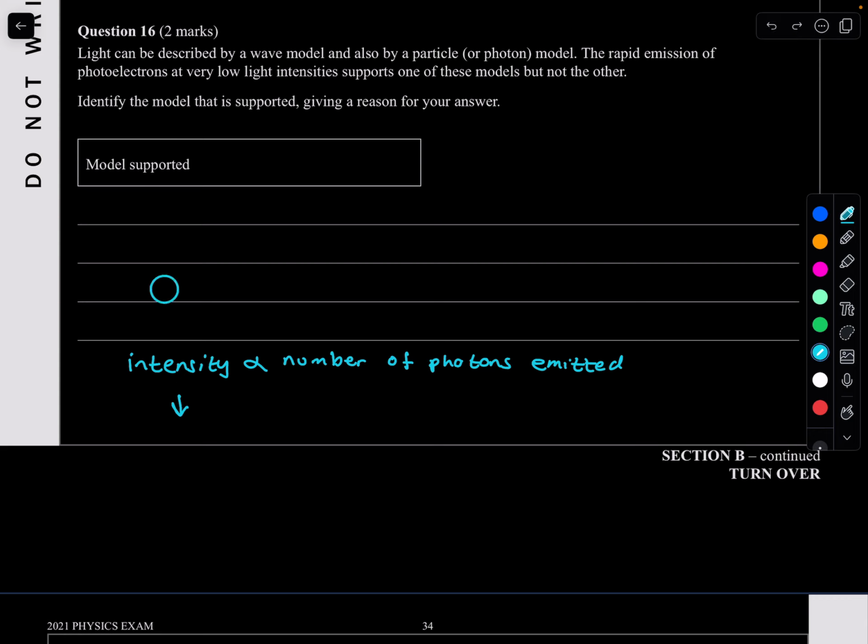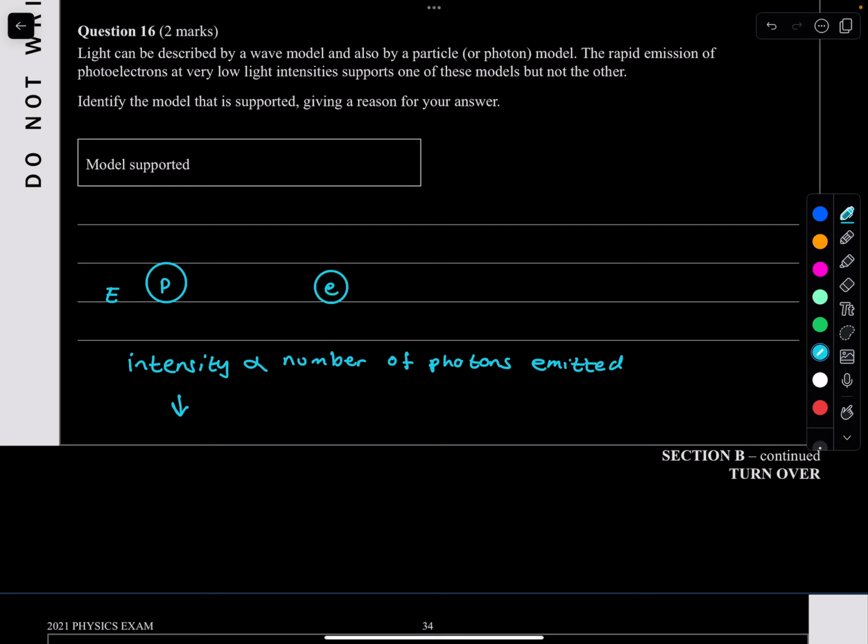Now this energy, remember, is independent of intensity. It doesn't get affected. So let's say this is your photon, and it has energy, and this energy is very, very high. It's higher than the threshold frequency. This energy is higher than the work function. And say we have an electron here.